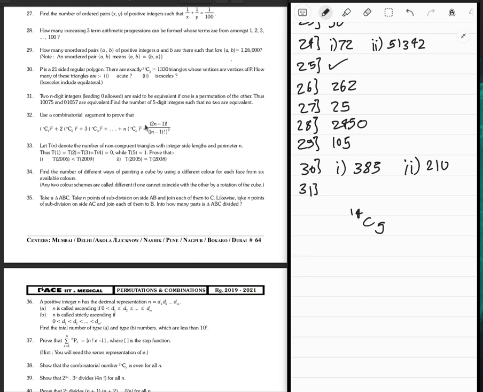So these are the number of 5-digit integers such that no two are equivalent. We won't even calculate this. Actually, we can, it's not that hard. 14 times 13 times 12 times 11 times 10 over 5, 4, 3, 2, 1.